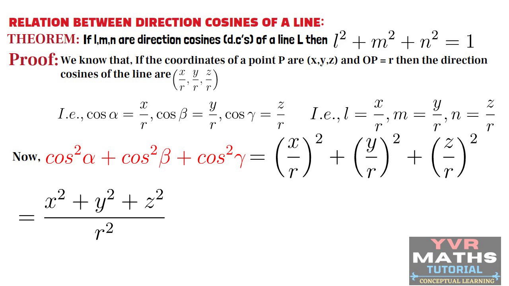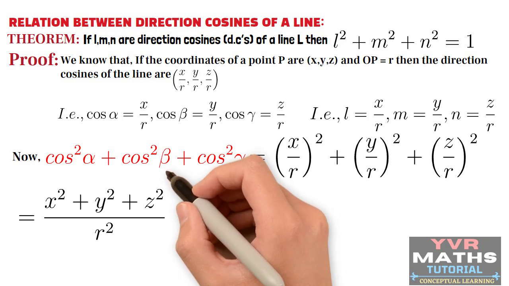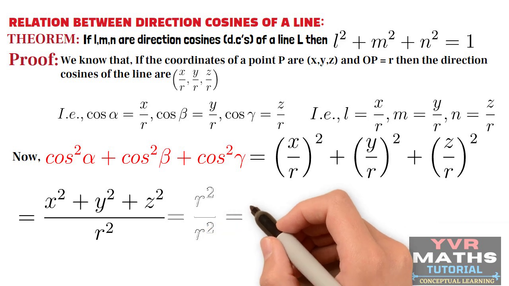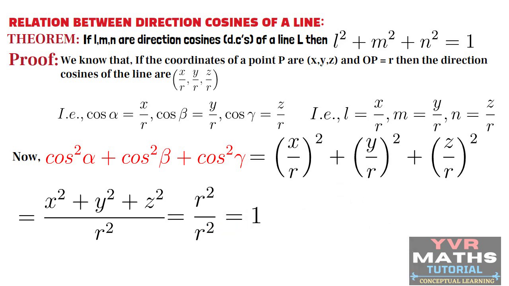Then we get x square plus y square plus z square by r square. Your numerator x square plus y square plus z square is r square. That means r square by r square is equal to 1. Why is r square the value of x square plus y square plus z square?